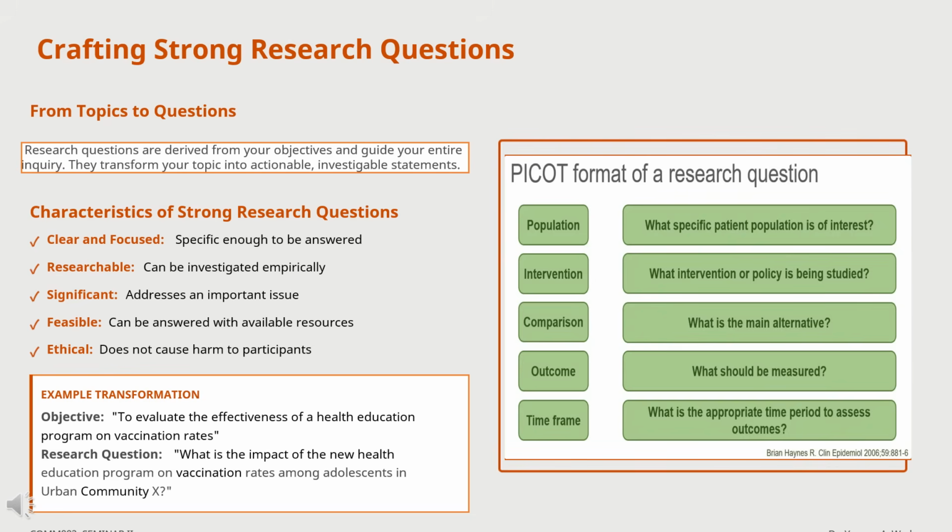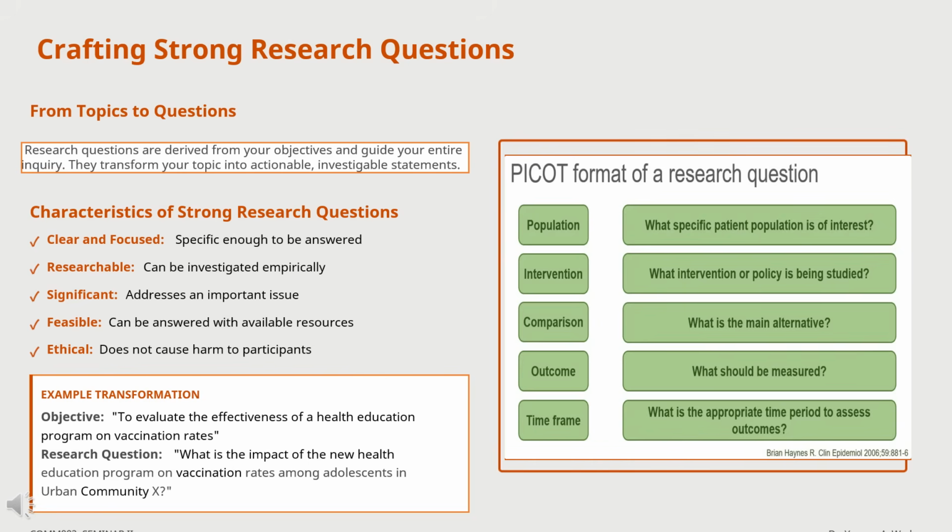Two, it should be researchable. Then three, it must be of significance that address an important public health issue. And four, it should be feasible. And finally, it should entail some ethical consideration, not to harm the participants.